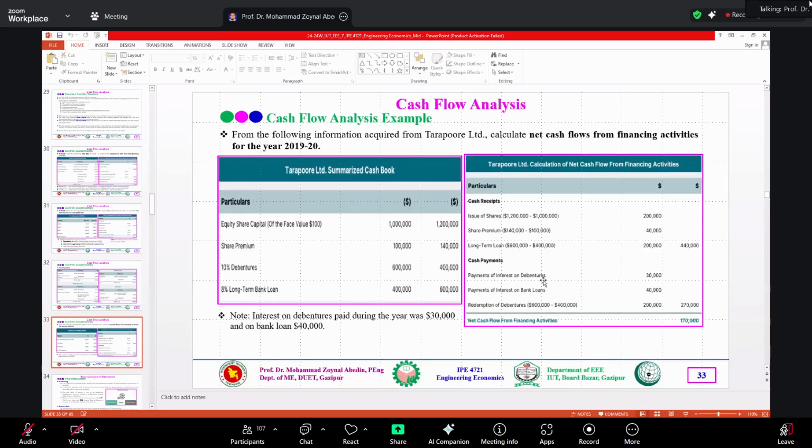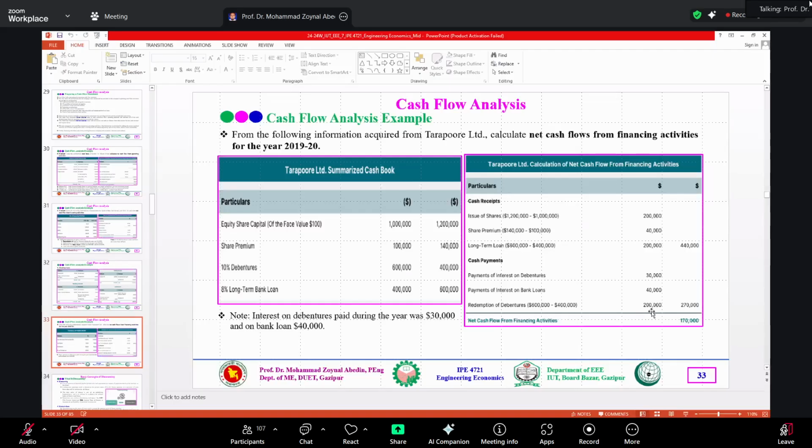Okay. And what about the outflow? Payment of interest on debentures. This is given here, 30,000. And payment of interest on bank loans. Bank loan interest payment is given, 40,000. Okay. Another one, these 10% debentures. This is the redemption of debentures. You can see here it decreased, 600 minus 400. So it is 200.